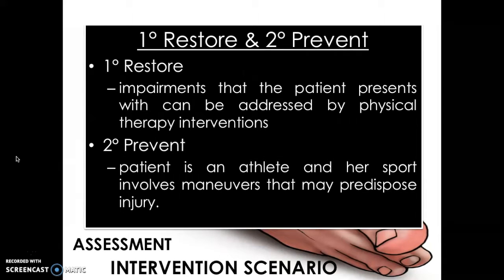For the intervention scenario, it would be primary restore and secondary prevent. Primary restore because the impairments can be addressed by physical therapy interventions, and then secondary prevent because the patient is an athlete and her sport involves maneuvers that are prone to injury.